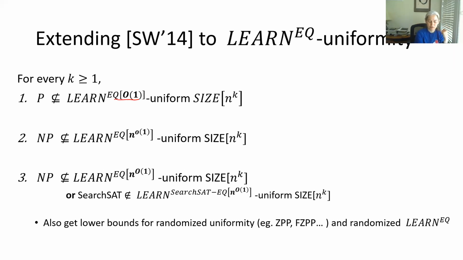And here in different cases, we handle different numbers of possible queries. In particular for polynomial size circuits for a problem in P, there is a problem in P such that it's not possible to learn polynomial size circuits for it, even if they exist, using only constantly many queries.